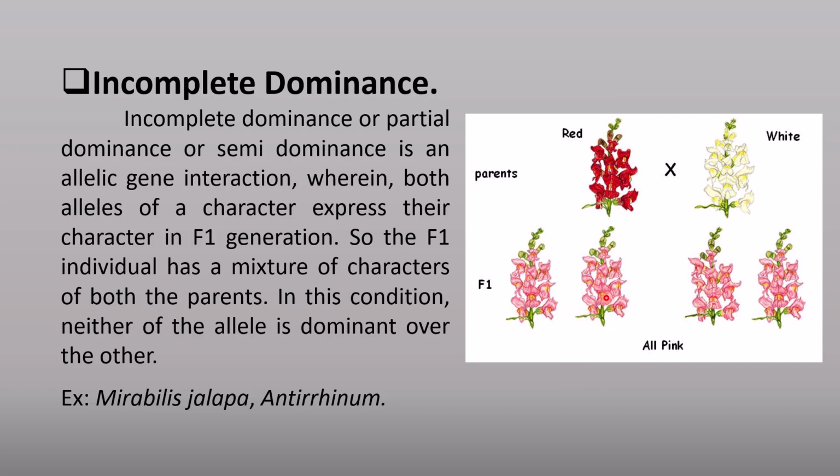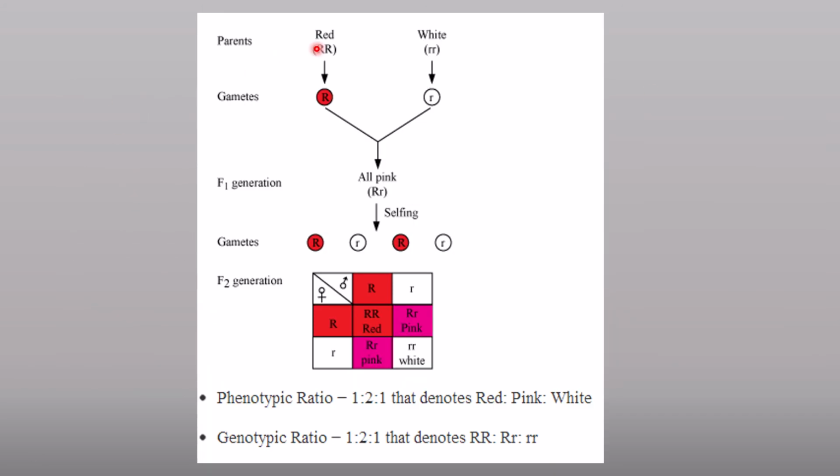So in this condition of incomplete dominance, neither of the alleles is dominant over the other. Red is not dominant over white, nor is white completely recessive to red. That is why it is called incomplete dominance. Here the pure breeding red parent, that is the homozygous red flowered four o'clock plant or snapdragon, is crossed with the homozygous white flowered plant.